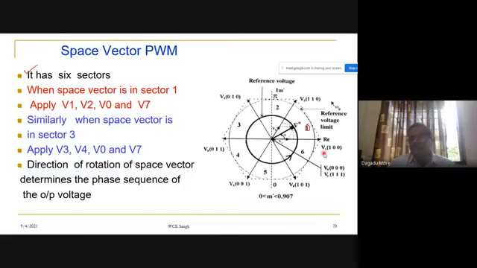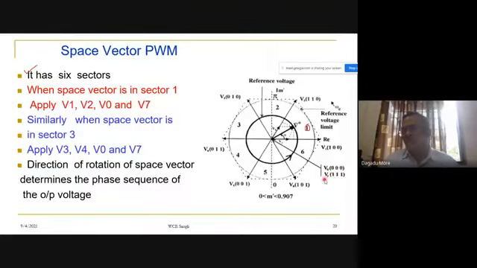Applying V1 means we switch on these switches: the switching state of V1 means turning on S1, S6 and S2. Similarly, when I apply V2, I turn on S1, S3 and S2. Here we apply V0, which means we turn on the lower 3 devices, 2, 4, 6.